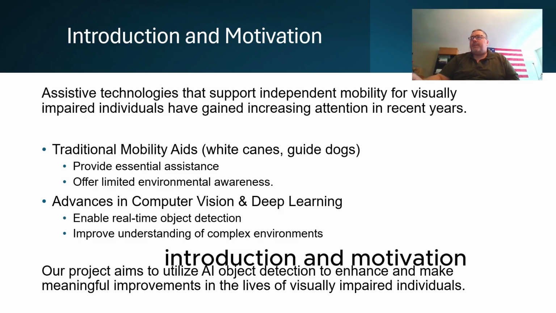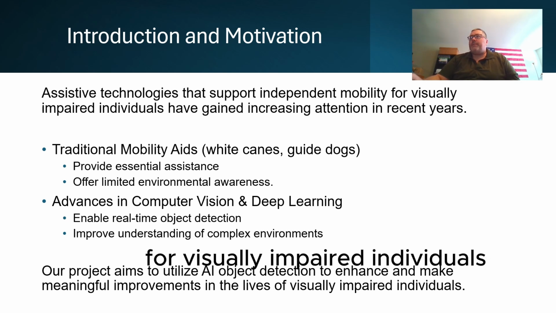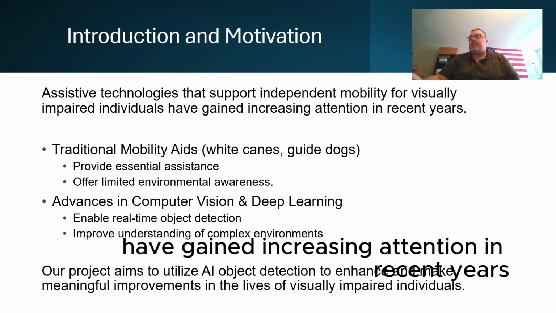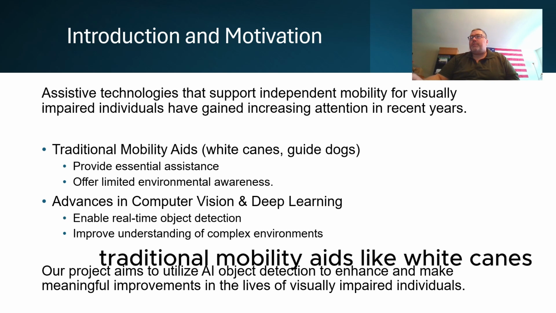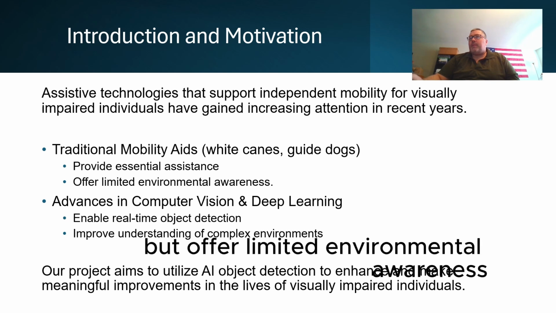Introduction and motivation. Assistive technologies that support independent mobility for visually impaired individuals have gained increasing attention in recent years. Traditional mobility aids like white canes and guide dogs provide essential assistance but offer limited environmental awareness.